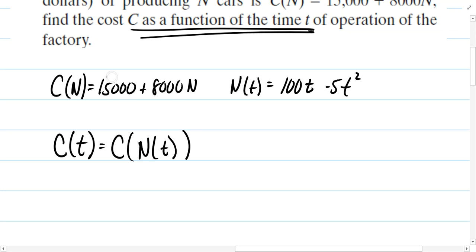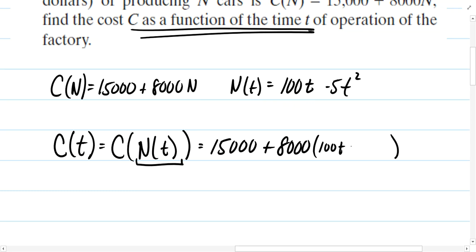We don't want to place the cost function inside of the number of car function, because then that wouldn't produce a result that we're after. We want the number of cars produced inside the cost function. So the cost function is 15,000 plus 8,000 times n times our argument, and our argument happens to be the entire n function now, 100t minus 5t squared.